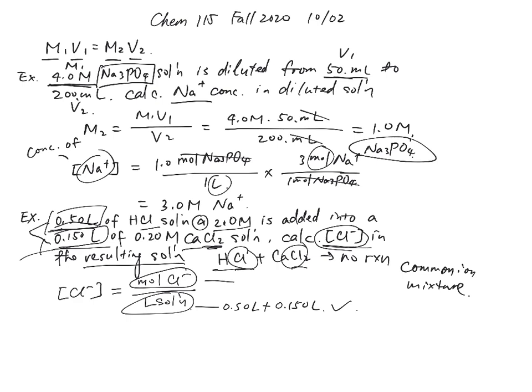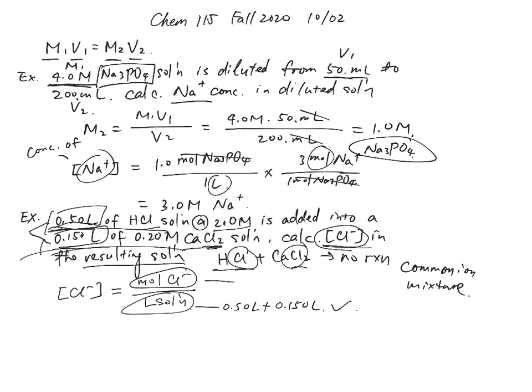Moles of chloride ion. At this point, you should be able to calculate the number of moles of an ion in a given solution. But this situation is not as simple as calculating the moles of chloride ion in one solution, because you have two different solutions.